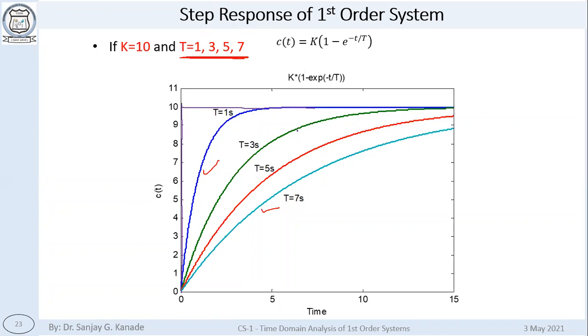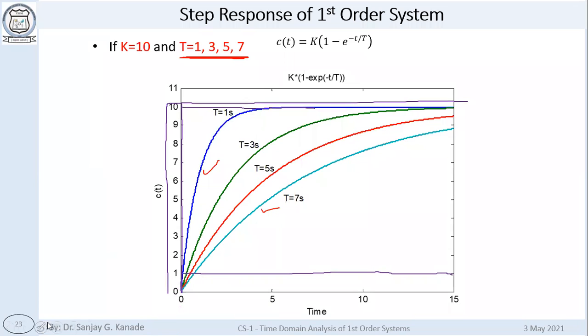The input was like this. Actually, it was just like this. Input was only one because it was unit step input. But since there is a multiplying factor k, DC gain, that's why I have drawn this line. So basically, what the system is doing is it is trying to follow this thing.